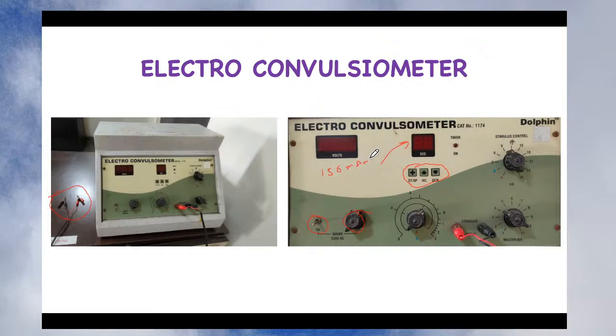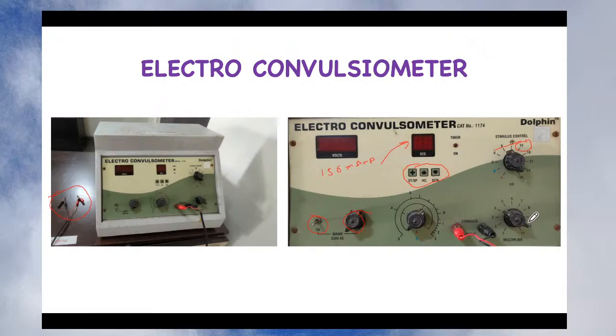Suppose you want to give 150. This is the stimulus current, so you set it to 15. Then you set the multiplier, because 150 milliampere is required, so 15 multiplied by 10 becomes 150.